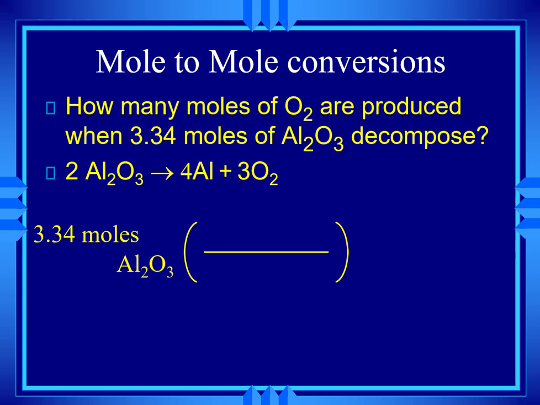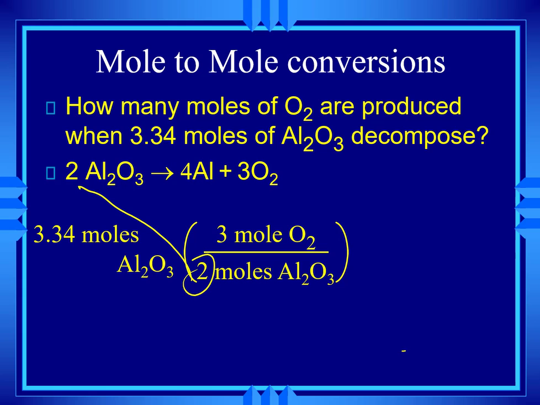So it says Al2O3 has a 2, so that says 2 moles of Al2O3 will make 3 moles of O2. I got the 2 from there and the 3 from there. I took the coefficients right out of the equation. This is the useful part of balancing equations.